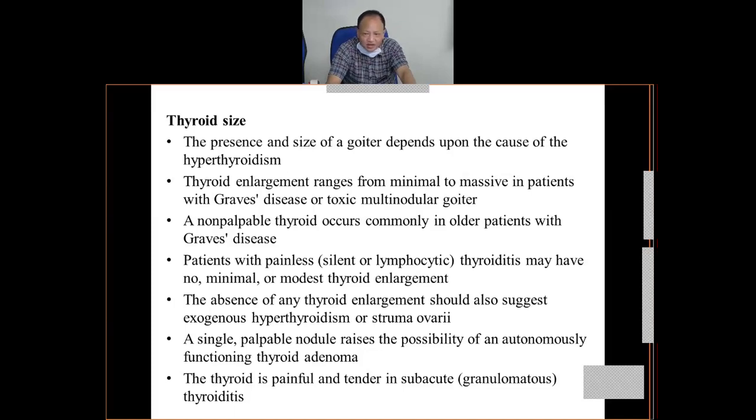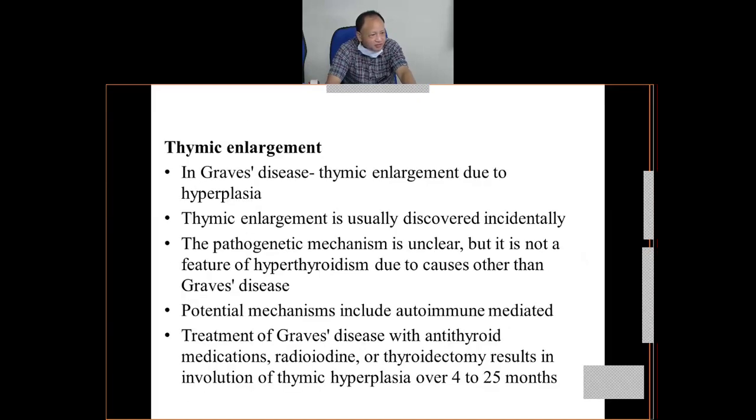Many patients, you will get these patients in your day-to-day activity. Thymic enlargement, rare, but yes, possible, usually is seen in Graves' disease, where the thymus gland is enlarged. The thymus gland is usually discovered incidentally because, as you know, the thymus is inside the thoracic cage.